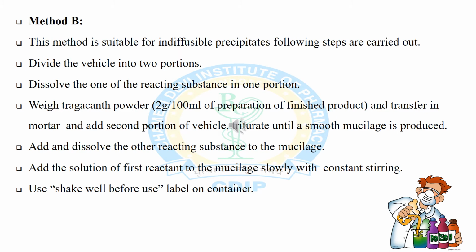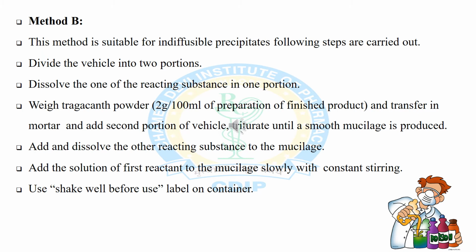Then add the second portion of vehicle and triturate until a smooth mucilage is produced. Then add and dissolve the other reacting substance in the mucilage. Then add and mix the two proportions, that is, the solution of the first reactant, to the mucilage slowly with constant stirring.